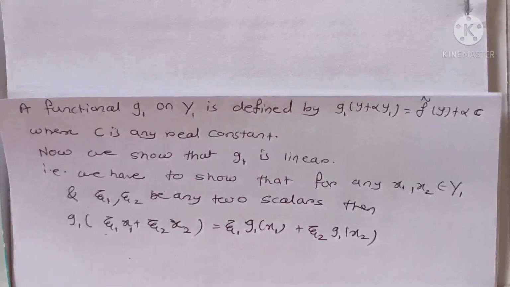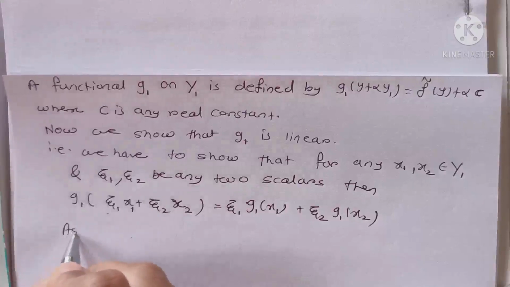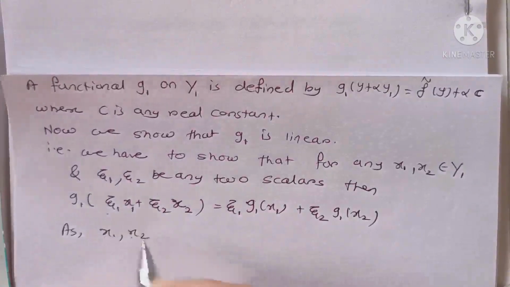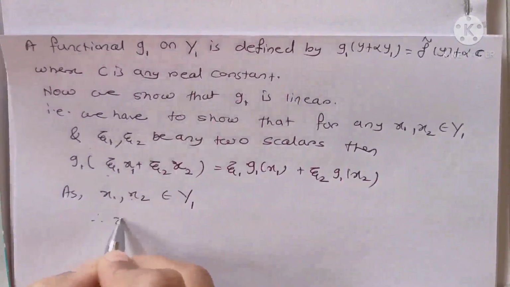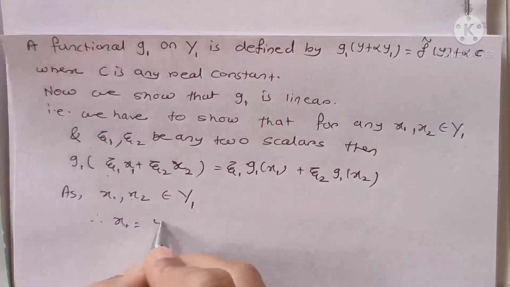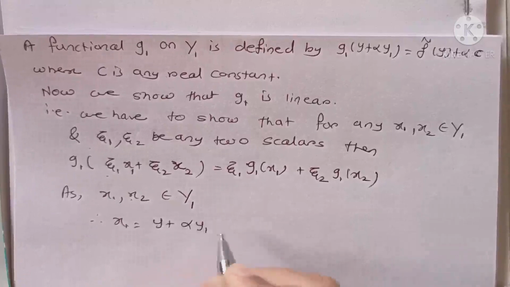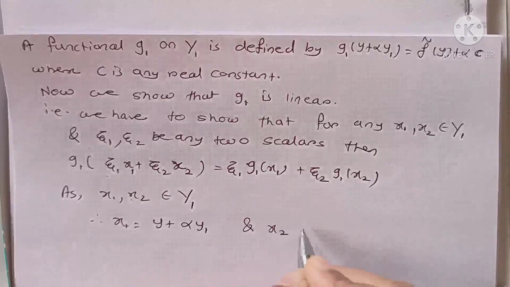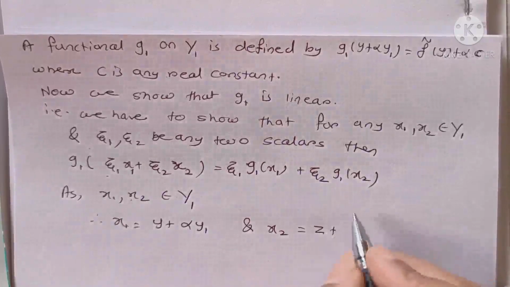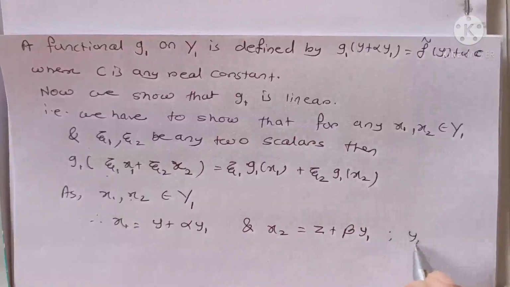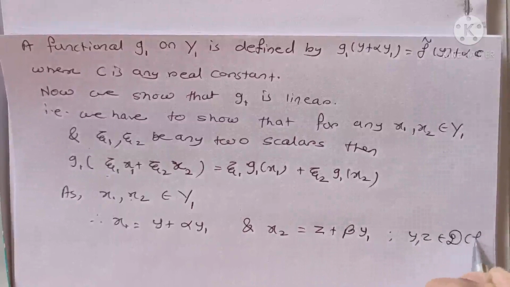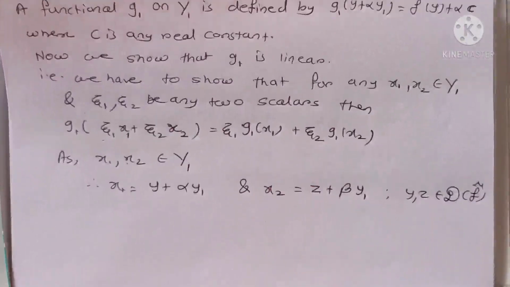So now to prove this, as x1, x2 are elements of y1, therefore x1 equals y plus alpha y1, and x2 equals z plus beta y1, where y, z both are elements of the domain of f tilde.